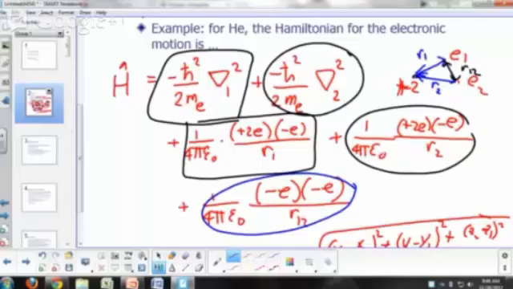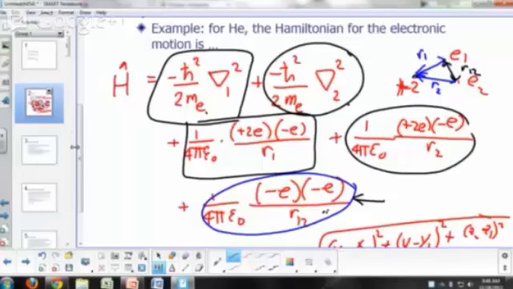So if not for this electron-electron repulsion term, this would have been a simple problem to solve, because you would have a Hamiltonian operator that's a sum of a term that depends only on electron 1 plus another operator that depends only on electron 2. You would have had a separable problem. But this problem is not separable because of this electron-electron repulsion term.